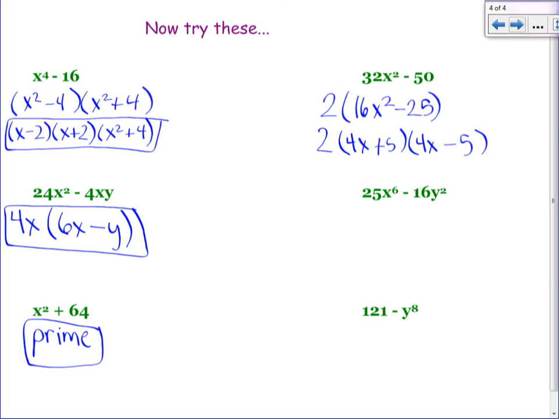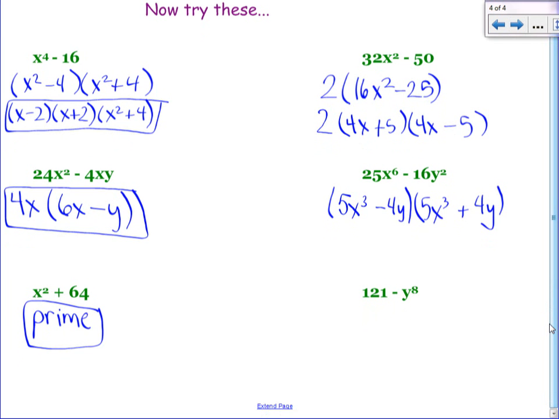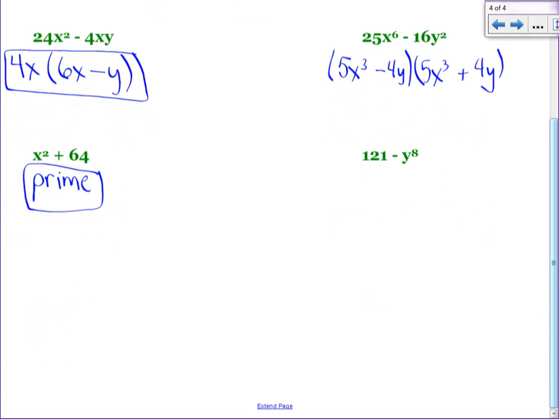Can we take anything out here? So it starts with 5x cubed minus 4y, and then we have 4y and 4y. What about the last one? We have the difference of two squares, right?